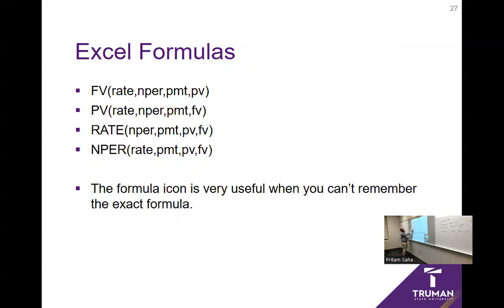If you just type rate, input that information, number of periods, payment, present value, future value, Excel will give you the same result to be calculated. N part, that is the formula for number of period calculation. Input those information, Excel will give you the same results we need today.